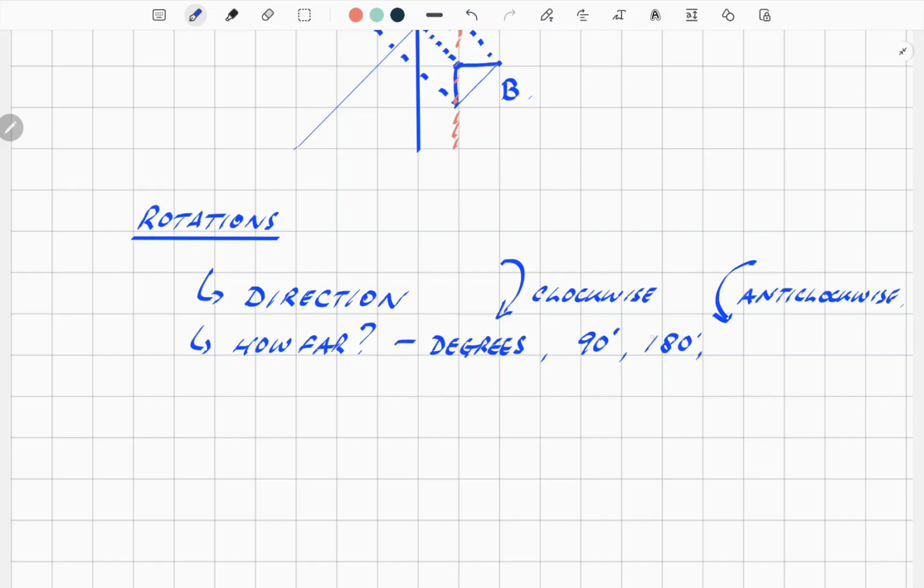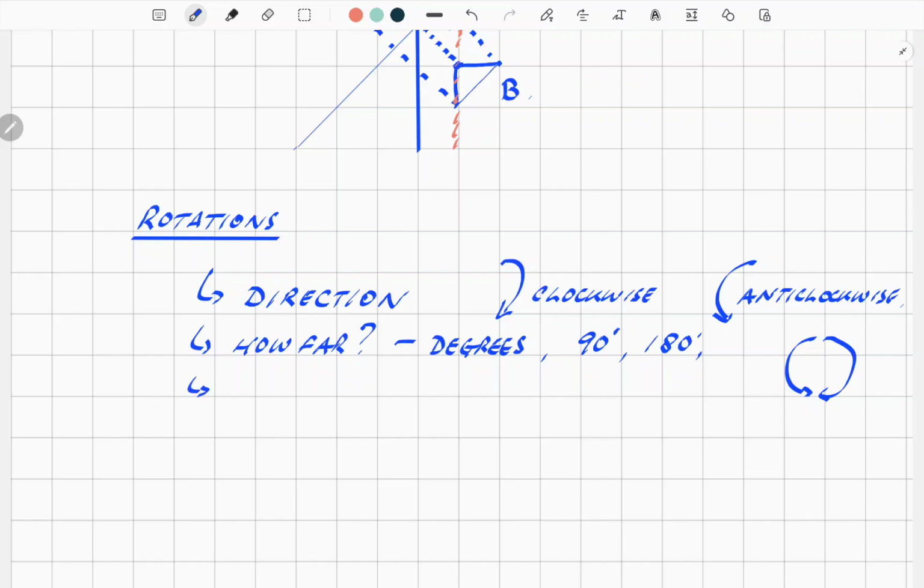If it's 180, then you don't need to worry about whether it's clockwise or anti-clockwise, because whether you go half the way around a circle that way or that way, you end up in the same place. So with 180, direction is not really important. But if it's anything other than 180, the direction is important, clockwise or anti-clockwise.